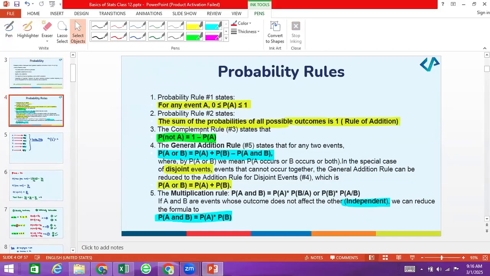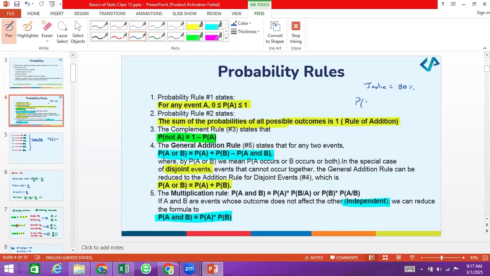If someone asks me what is the probability of India losing, which is the same as the probability of India not winning, right? So let's say in an India Pakistan match, India has a probability of winning, let's say 80%.